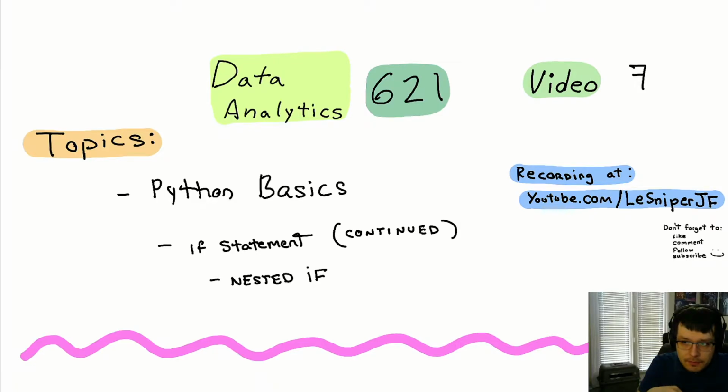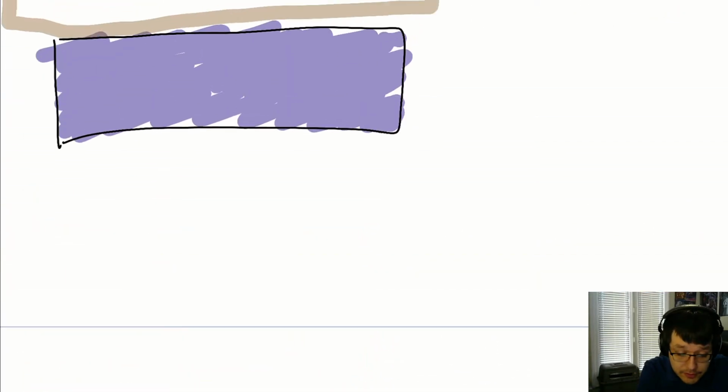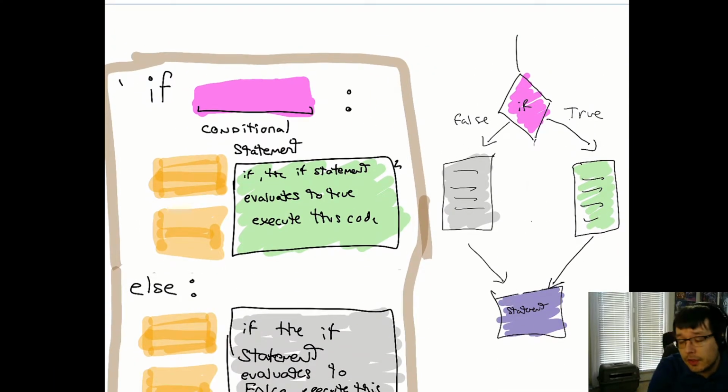So, to make sure that we're all on the same page, let me go ahead and review what I showed you. So I had these really fancy drawings and control flows, and an if statement is basically a decision point. What you want to do with the decision point is be able to run different code depending on what that decision is.